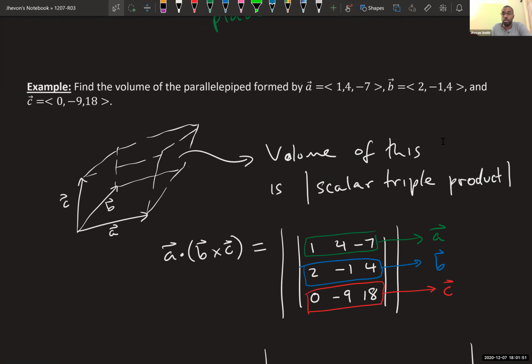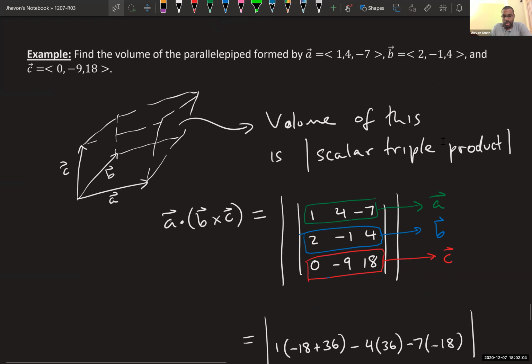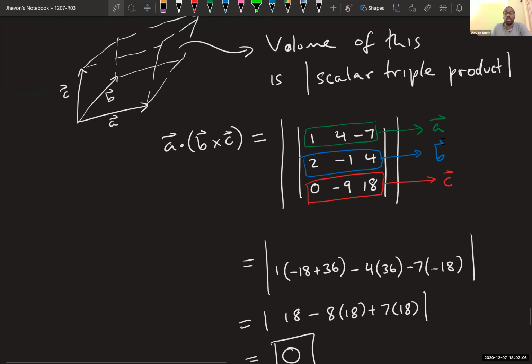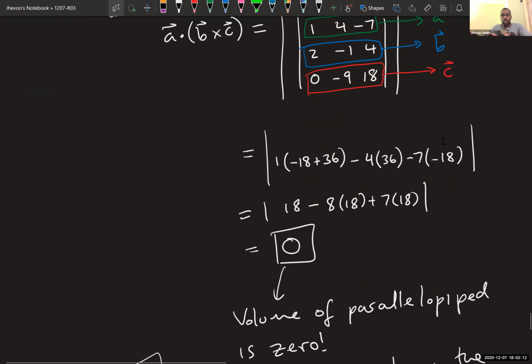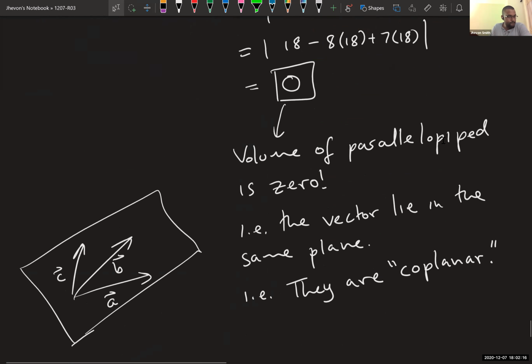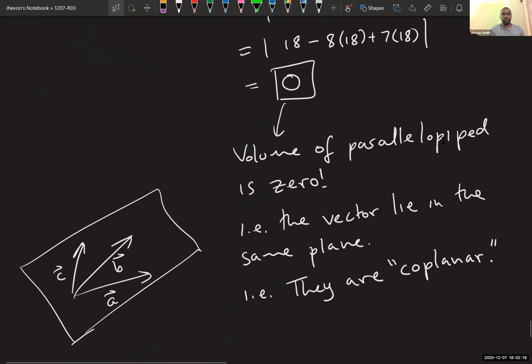You can actually find the volume of something. If you know vectors that run along certain edges of a three-dimensional parallelogram, which is called a parallelepiped, and you take one vector dot product with the cross product of the other two and take the magnitude of that, you can find the volume. Of course, if the volume is zero, they're all flat in the same plane. And so, yeah, interesting stuff.